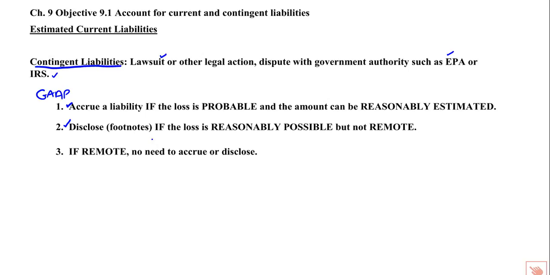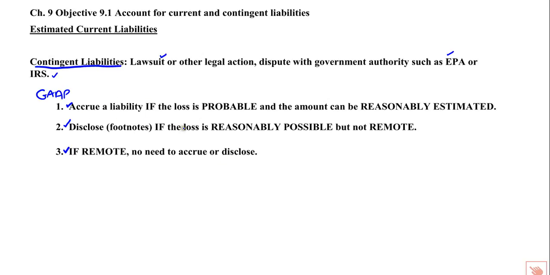Let me be clear, the footnotes are legally part of the financial statements. The financial statements are not complete without the footnotes. You're learning about the income statement, balance sheet, statement of retained earnings, and cash flow statement. Those are the primary statements, but the footnotes are legally part of the statements. If it isn't disclosed or accrued, and it's remote, you don't have to do anything as a corporation. You don't have to put it in your financial statements at all.